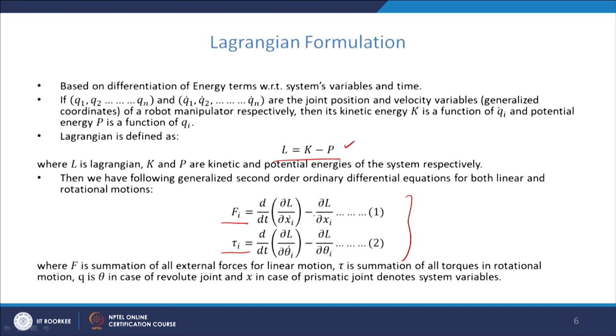So, the equation of motion is based on d by dt of del L by del xi dot minus del L by del xi, if it is a linear motion, and d by dt of del L by del theta i dot minus del L by del theta i, where theta is the joint angle. So, we will see using various examples how to construct the dynamic equation of robot manipulators.